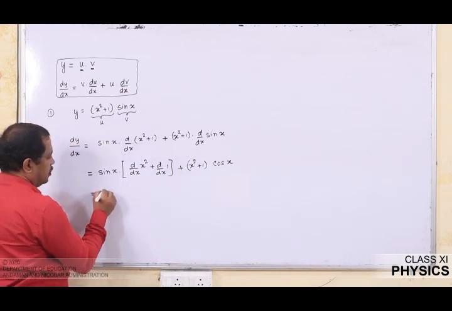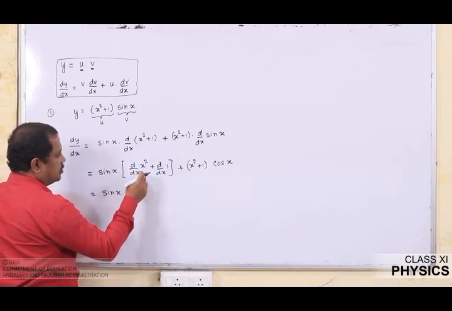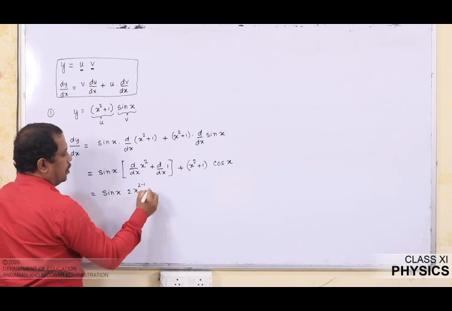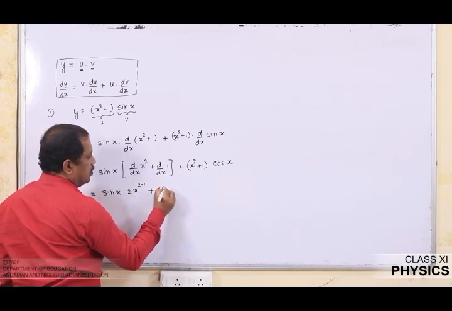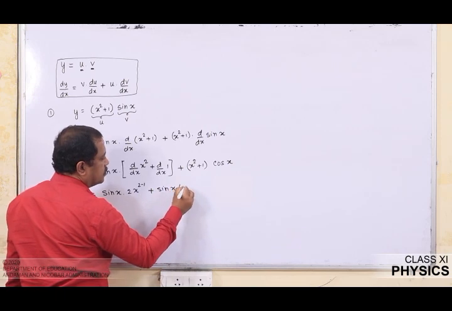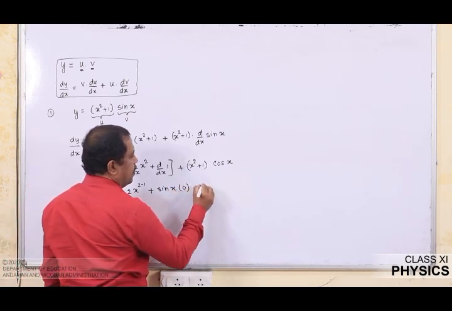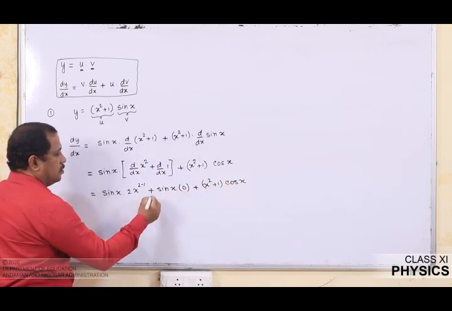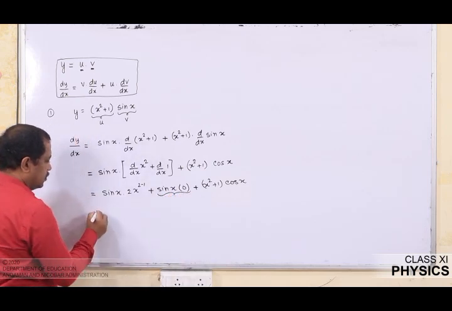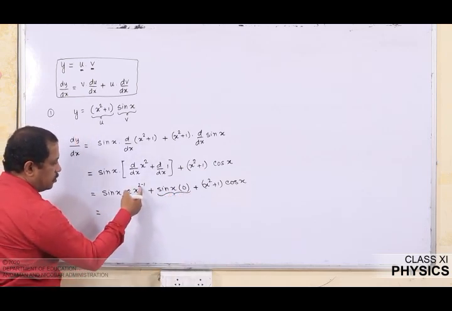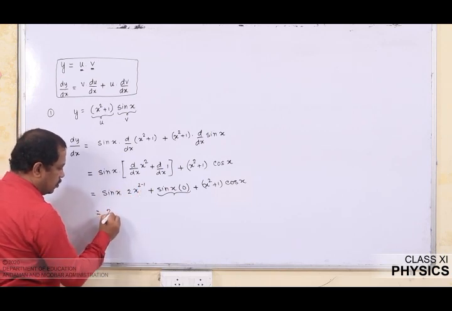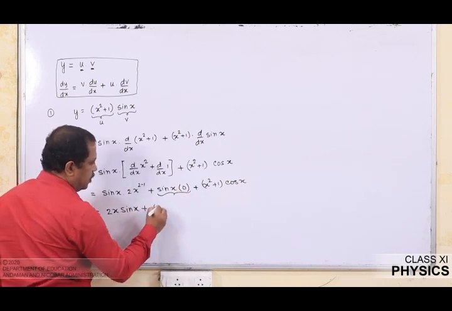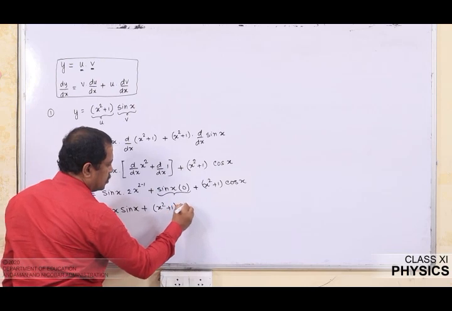Further solving, sin x times 2 x power 2 minus 1, plus sin x times differentiation of constant, which is 0, plus x square plus 1 times cos x. This term becomes 0, and I am left with 2x power 1, which is simply 2x. So, I am going to write 2x sin x plus x square plus 1 times cos x.